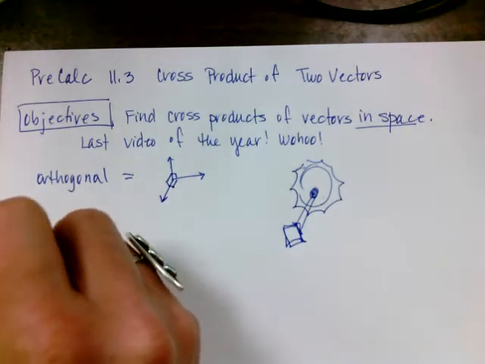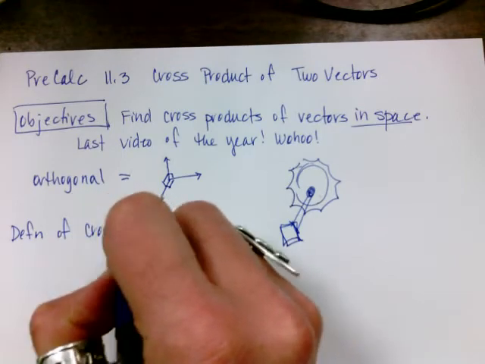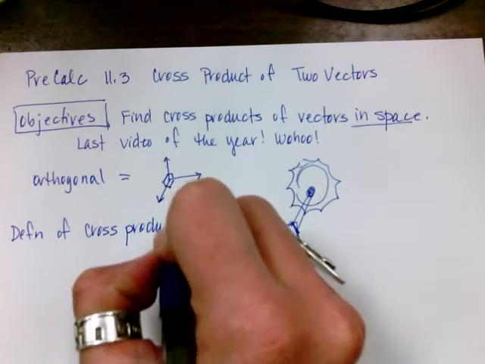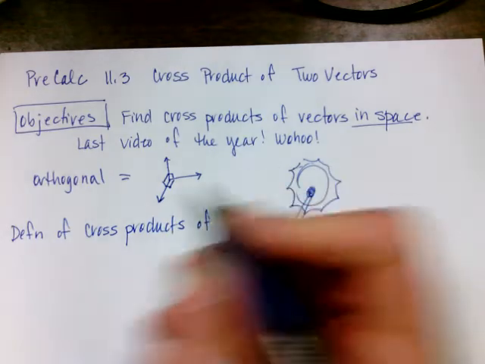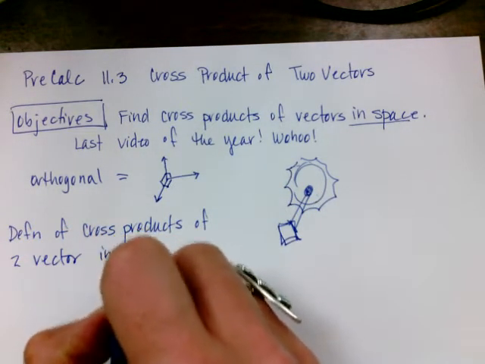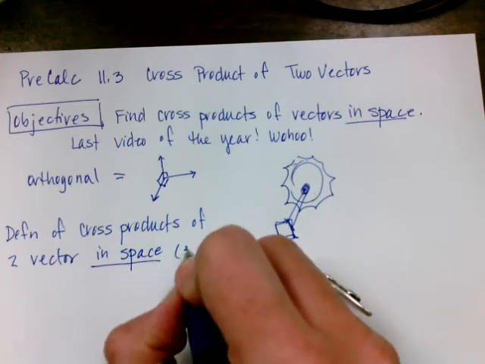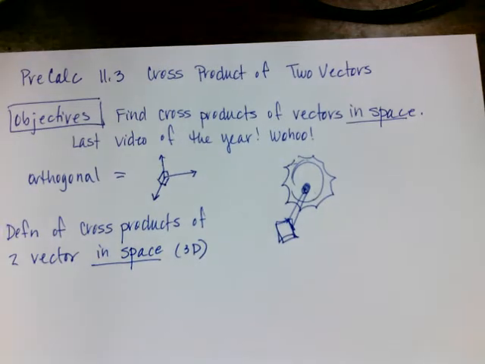Alrighty, so let's talk about the definition of cross products of two vectors in space. Anytime we see that lovely little prepositional phrase, in space, that means I have 3D stuff going on.